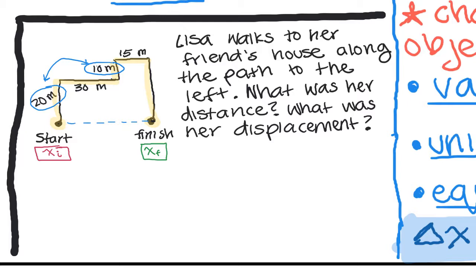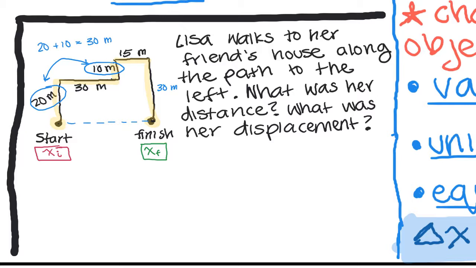So I'm going to add 20 plus 10, and that is going to be equal to 30 meters. So we know that she walked 30 meters south again to get to her finish point.